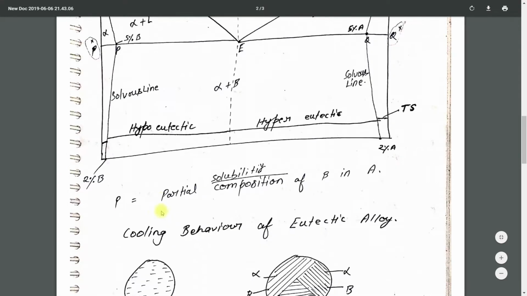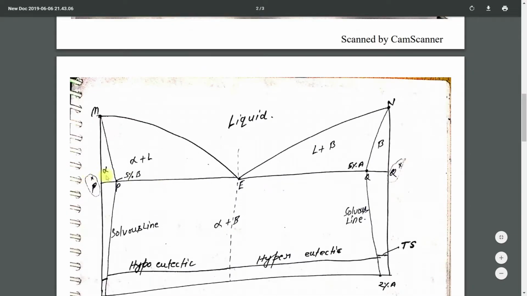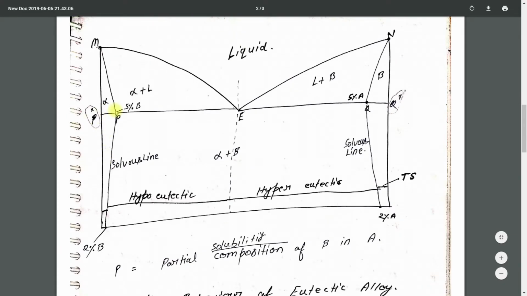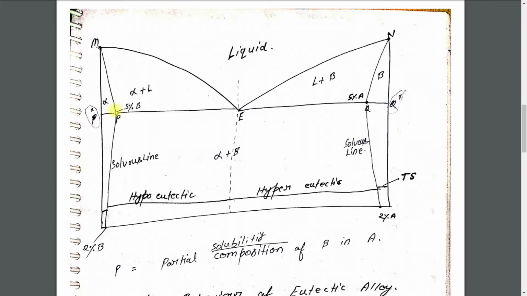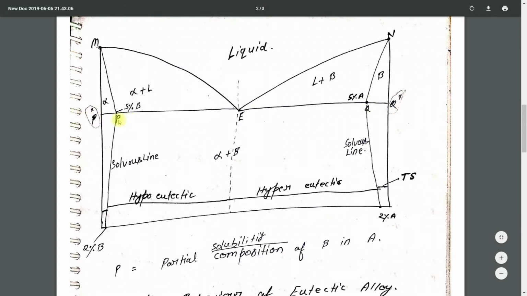See, P is the partial solubility of B in A. The concentration of B found here is 5%, and the concentration of A is 95%. Similarly for point Q. The point I want to make is that P and Q have shifted from their initial positions.